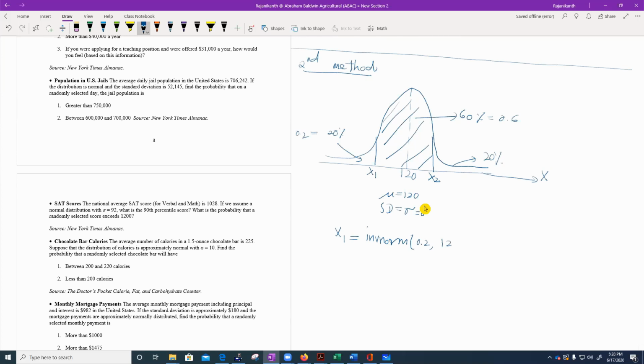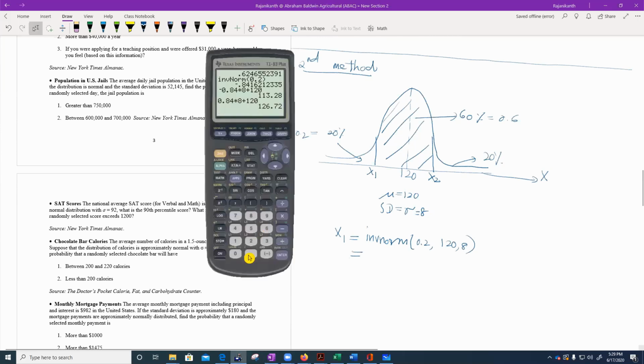Mu was 120 and sigma was 8. So it will directly give you the x1 answer. So let us find that. Going to inverse norm, the left side area is 0.2, then comma, the mean for this problem is 120 and the standard deviation is 8. Simply find that. Yes, it is 113.27.